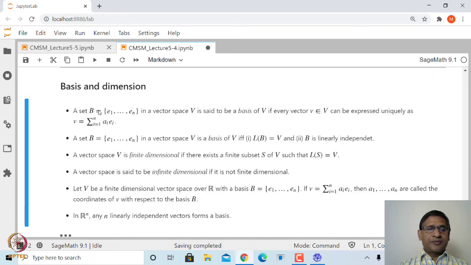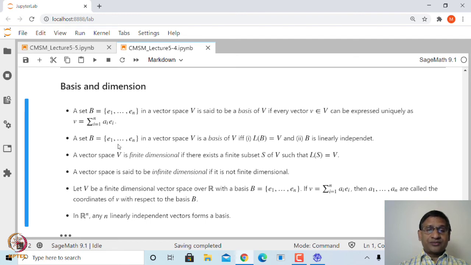Okay, now let us define the meaning of basis and dimension of a vector space. If you have a set of vectors B = {E1 to En}, we say that it is a basis of V if every vector v in V can be uniquely expressed as a linear combination of E1 to En. This is the same as saying V can be expressed as a linear combination, and these Ai should be unique. That is the same as saying, if I have another linear combination, let us say summation Bi Ei equal to v, then Ai must be equal to Bi.